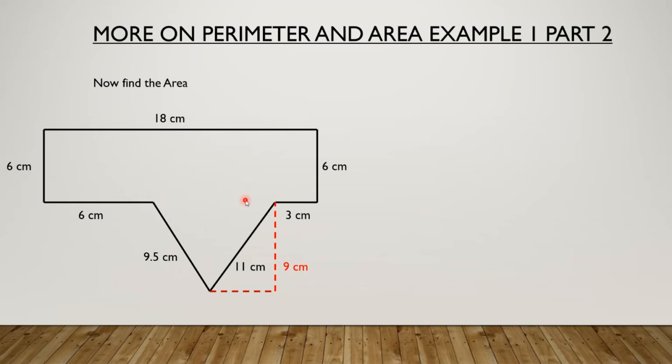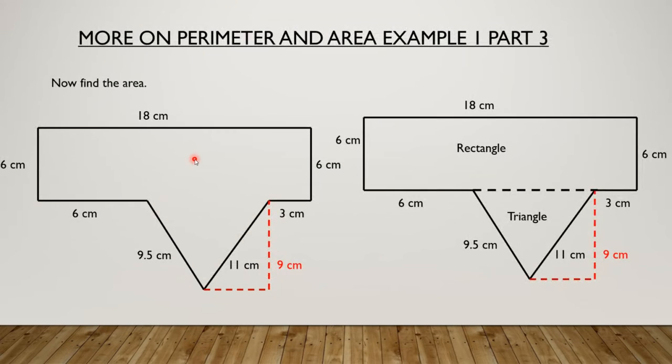Well, not quite. You might be able to see it just by looking at this, but it looks like we almost have a rectangle here. If we had a line segment here, we would have a rectangle and a triangle. And that's what this slide is trying to illustrate. This was the original.